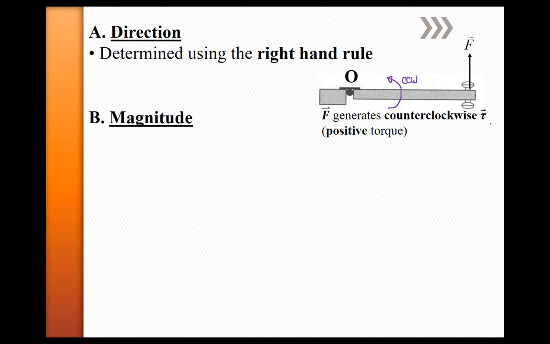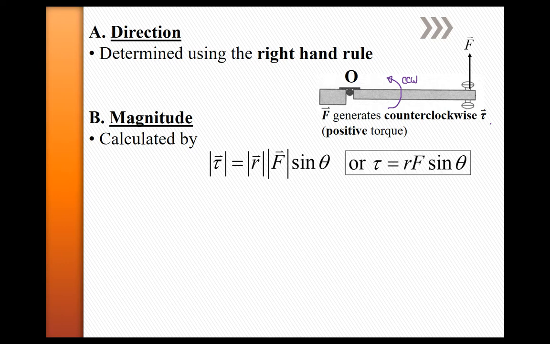How about the magnitude? The magnitude of any vector cross product turns into this: the magnitude of torque is the magnitude of your position vector times the magnitude of the force multiplied by sine of theta. Or we can just drop the magnitude notation and write tau equals r F sine theta.